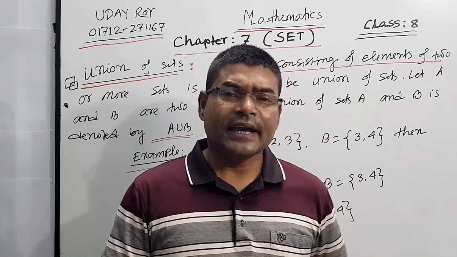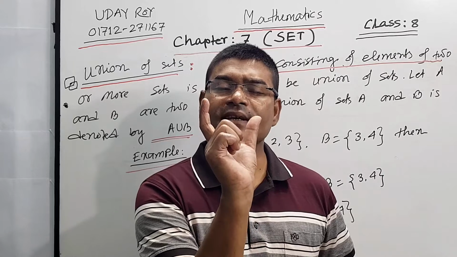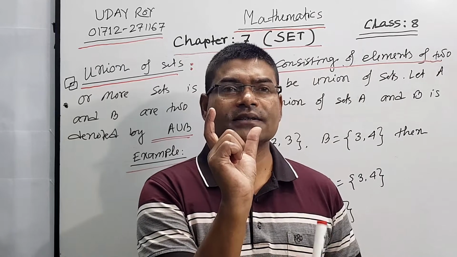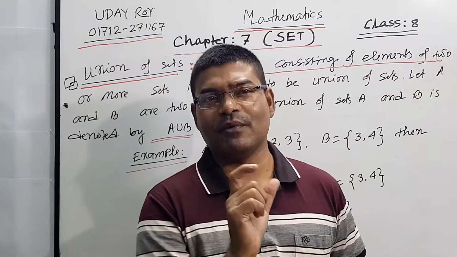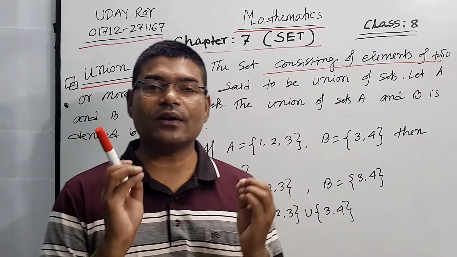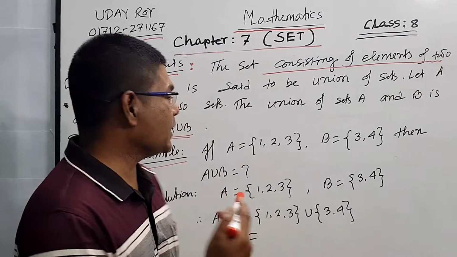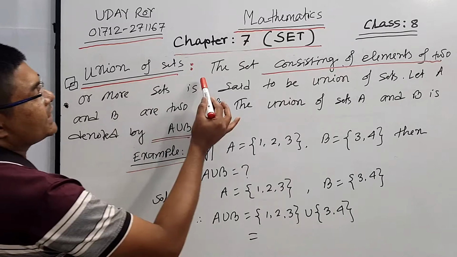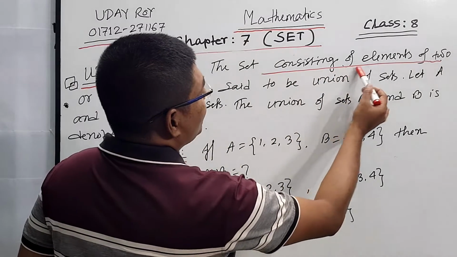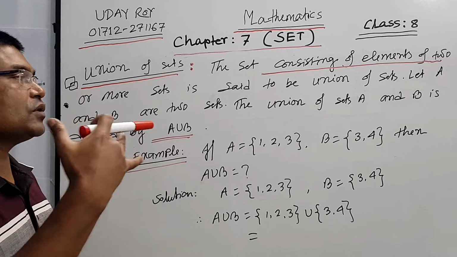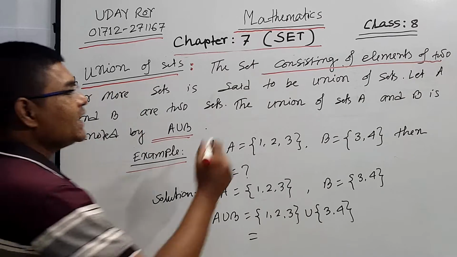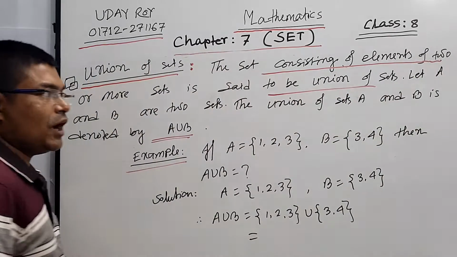Union, that means you can see this symbol, sometimes we say cup, but actually this is the union of sets. The set consisting of elements of two or more sets is said to be the union of sets.